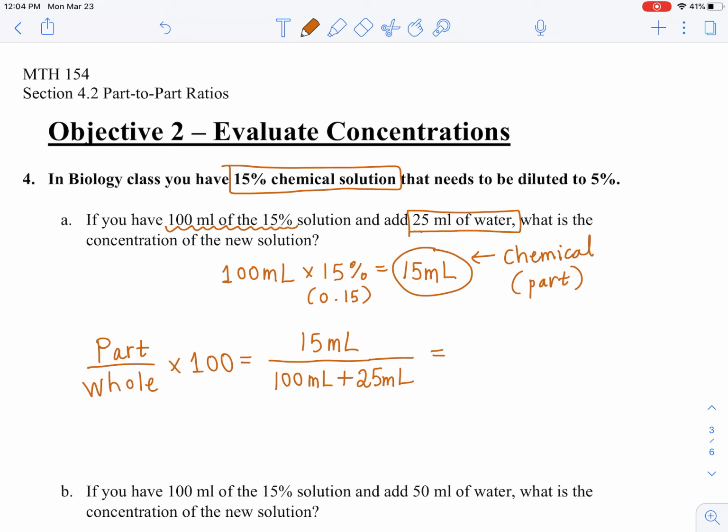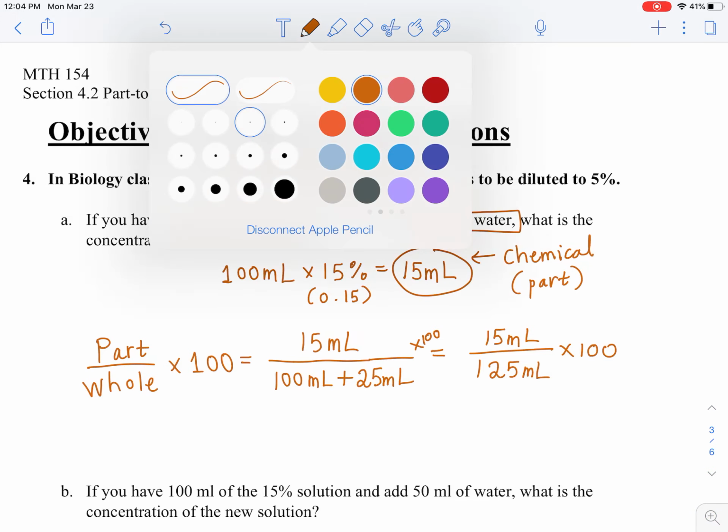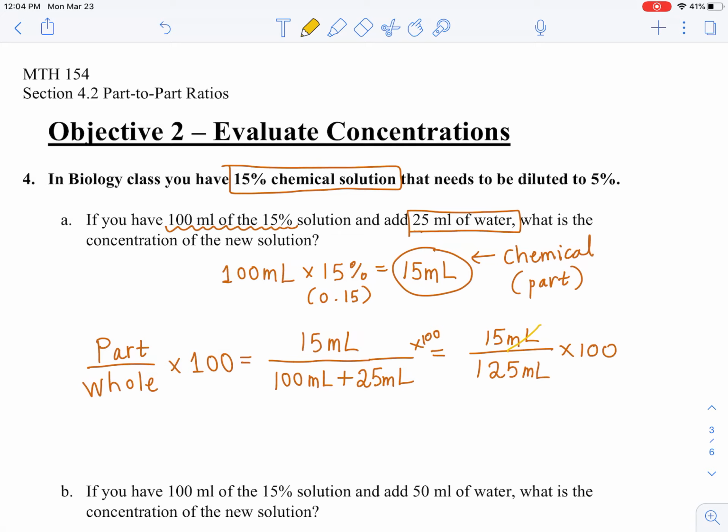Then, if I add the denominators, I will have 15 milliliters over 125 milliliters. Oh, I forgot to multiply this by 100. This fraction has to be multiplied by 100. So notice the units cancel out right here. Milliliter over milliliter, that's gone.